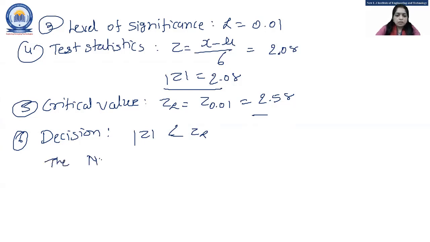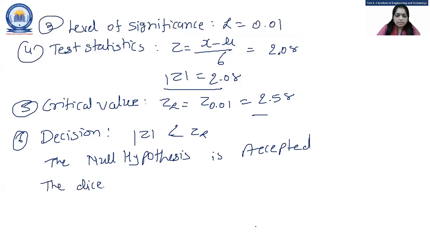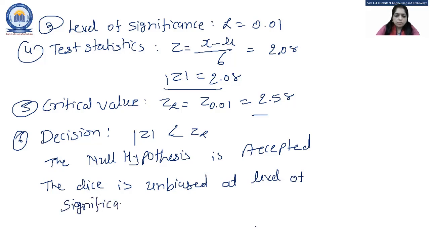The null hypothesis is accepted, and as per the null hypothesis, the dice is unbiased at the level of significance of 0.01.